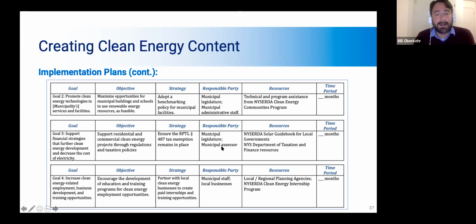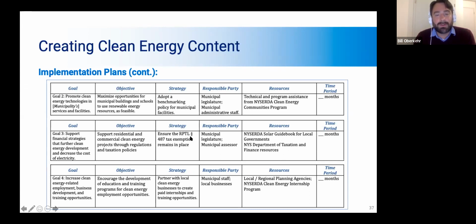Municipal legislature is going to work with the municipal assessor to make sure that we're leaving that exemption in and honoring it. How are we going to do that? We're going to look at the NYSERDA Solar Guidebook for Local Governments for help, as well as the Department of Taxation and Finance. When are we going to do that? I like to use this one because the when for this is kind of forever, right?